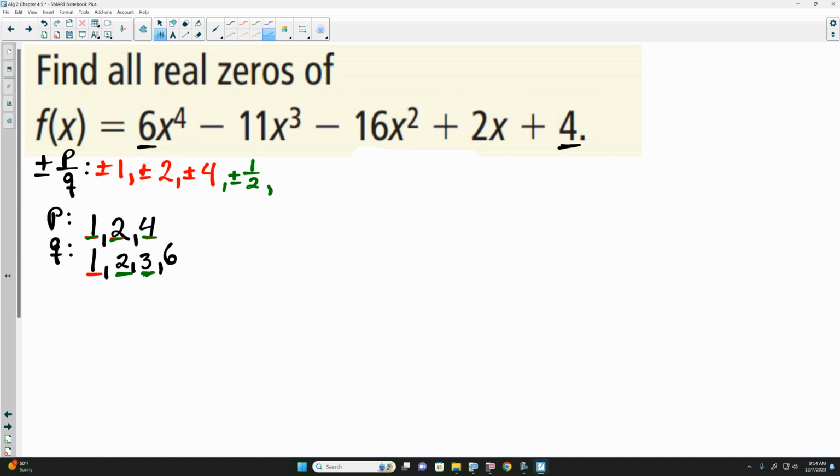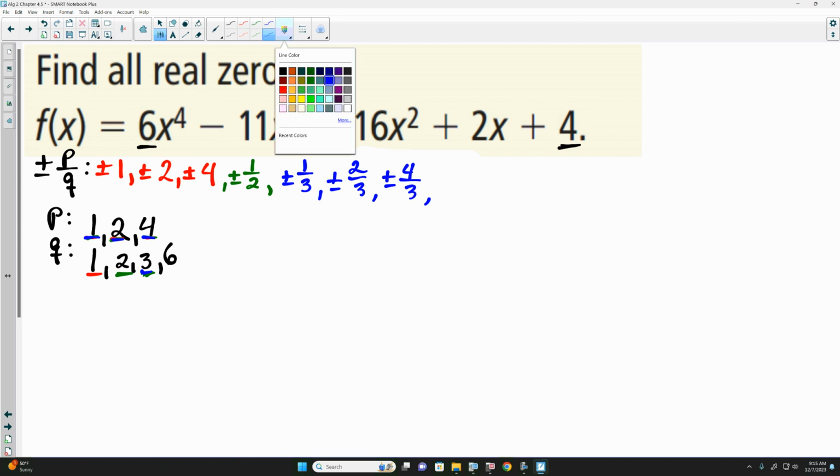Now we're going to move on to 3. So we have plus or minus, because then we do our 1 divided by 3, which is 1/3. Then we move on to the next one, plus or minus 2/3. And then lastly, plus or minus 4/3.